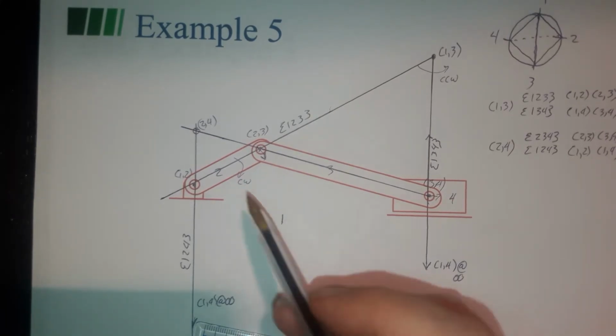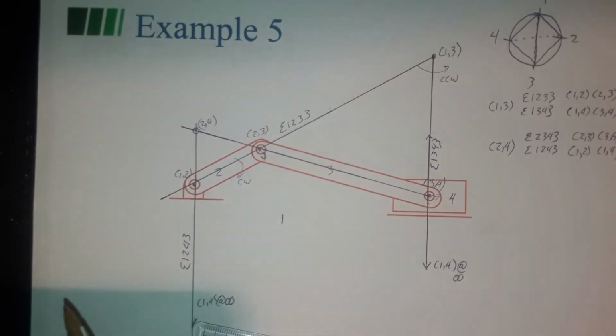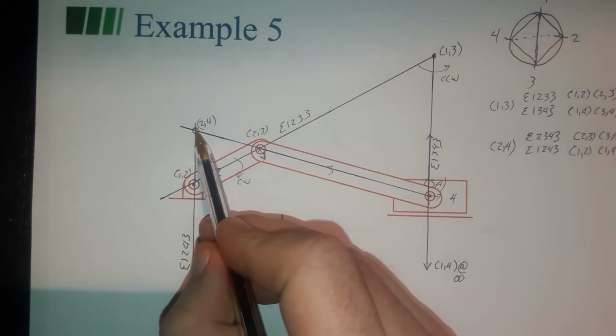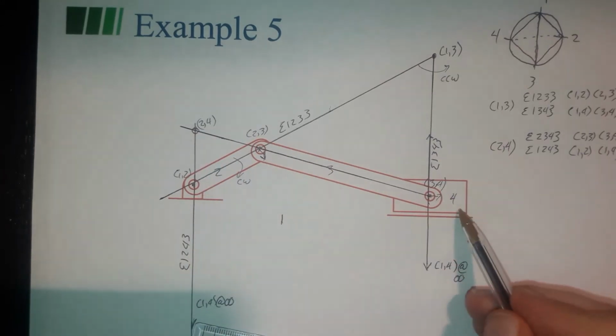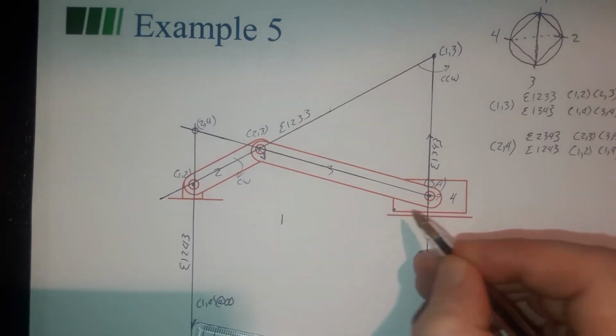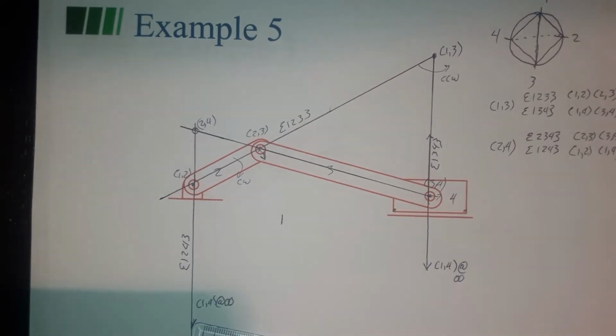Now, 2, 4 is kind of interesting as well, because this is a point on link 2 that has the same velocity as a point on link 4. Link 4 is a slider, which means this point and this point have the same velocity. Every point on the block has the same velocity.